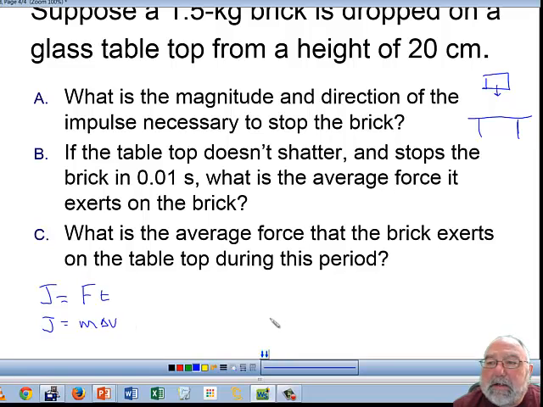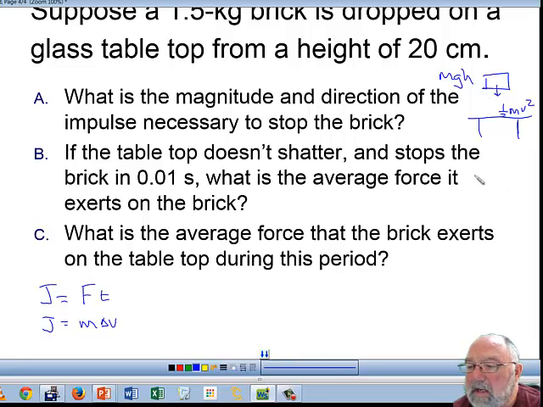I can use energy. I can use that energy stuff from the last unit. What kind of energy does the brick have up here when it's first let go? Well, it has potential energy, which is mgh. And what kind of energy is it going to have down here just the instant before it hits the table? Well, it's going to have kinetic energy, 1/2 mv squared. And conservation of energy says that those two things have to be equal to each other.